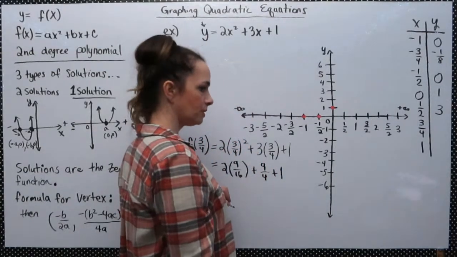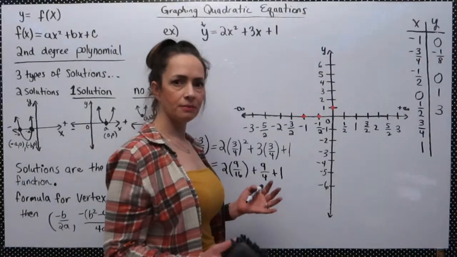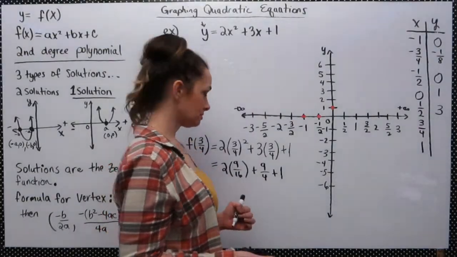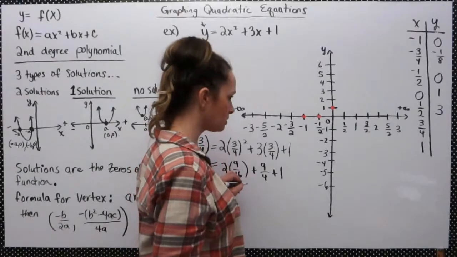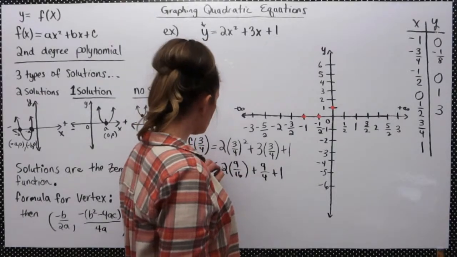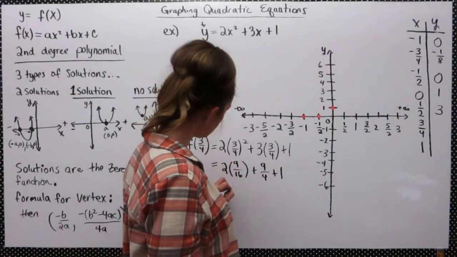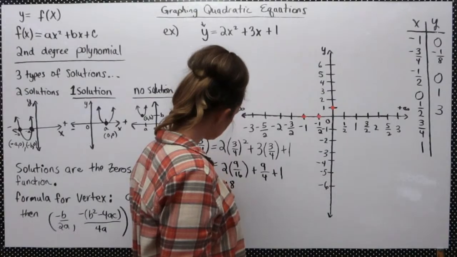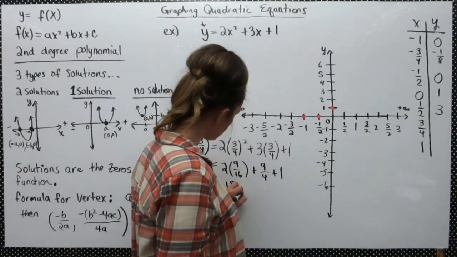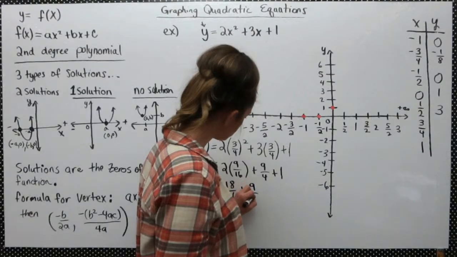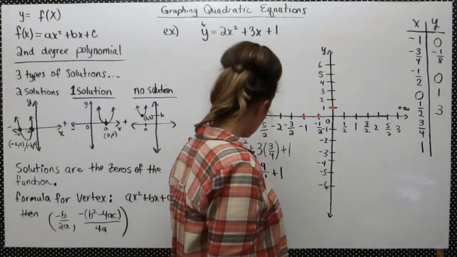Okay, and we got to get good at fractions. Don't be scared of fractions. So 2 times 9 is 18, and that's over 16. And then I have 9/4, and we have plus 1.